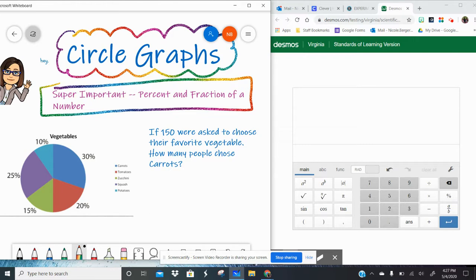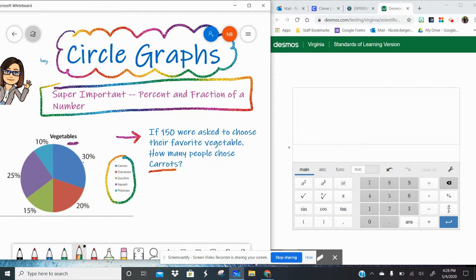If we look at this first circle graph, the one titled vegetables, we have our word problem. It says, if 150 people were asked to choose their favorite vegetable, how many people chose carrots? You're always going to have what we call the key, which tells you what the colors or different things inside the circle represent.